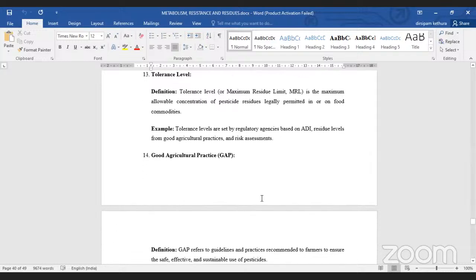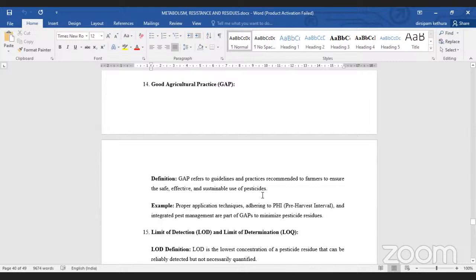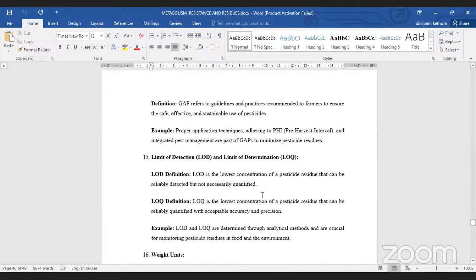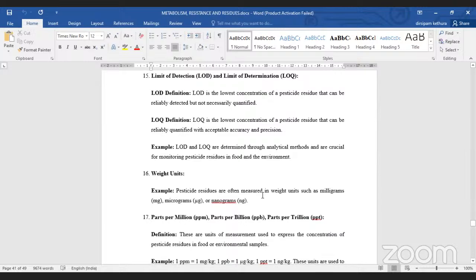And the next one is good agricultural practices. Good agricultural practices, GAPs, refers to guidelines and practices recommended to farmers to ensure the safe, effective, and sustainable use of pesticides.